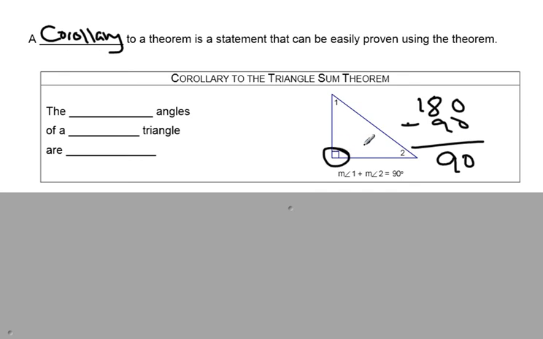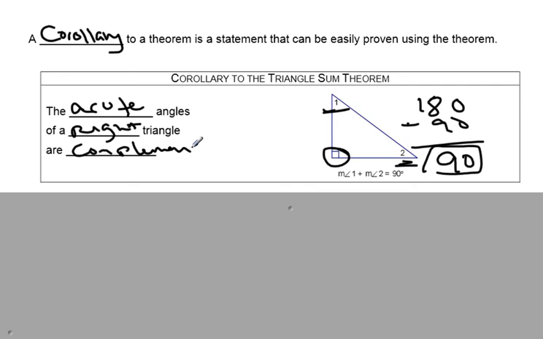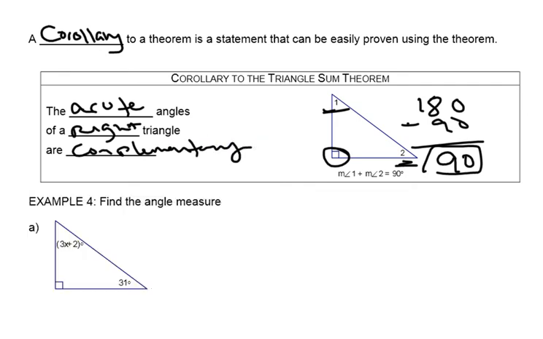So 180 minus 90 is 90. So anytime you have a right triangle, what's left between the two acute angles of that right triangle is going to be 90 degrees. So the two acute angles of a right triangle are complementary. You guys know that word. Complementary has a sum of 90.